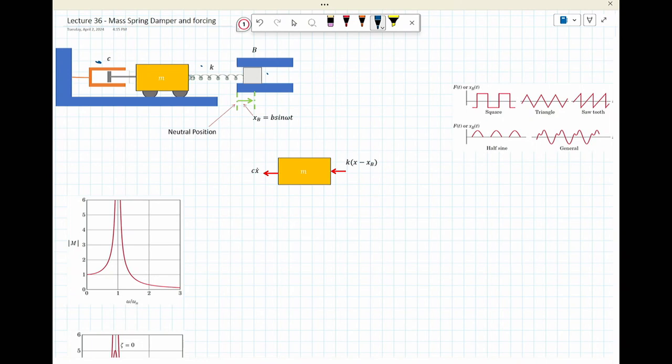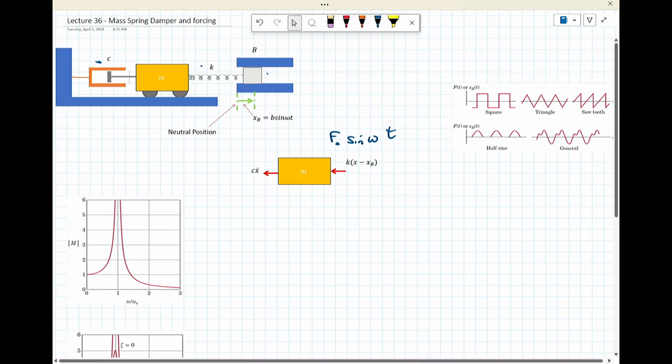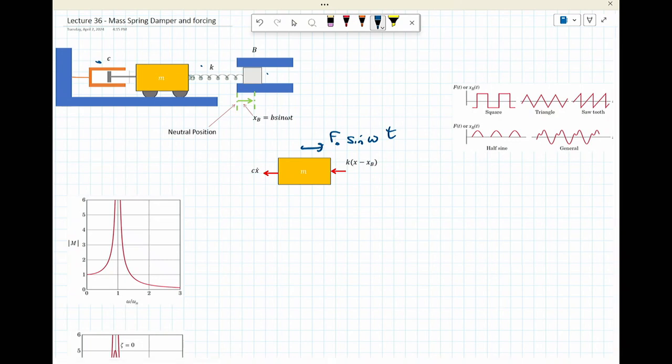So in terms of what I'm looking at, same thing as before, I have a free body diagram, but I also have a force that varies with time, F naught sine omega t, which is not going off to the side, it's horizontal. And that is partially described by the spring displacement.